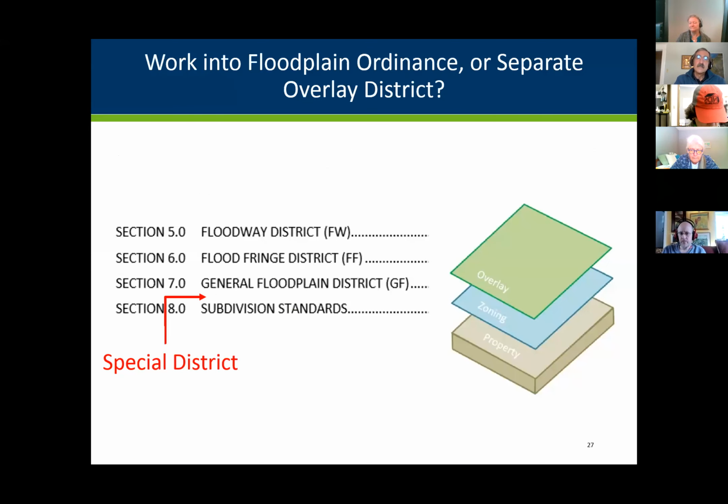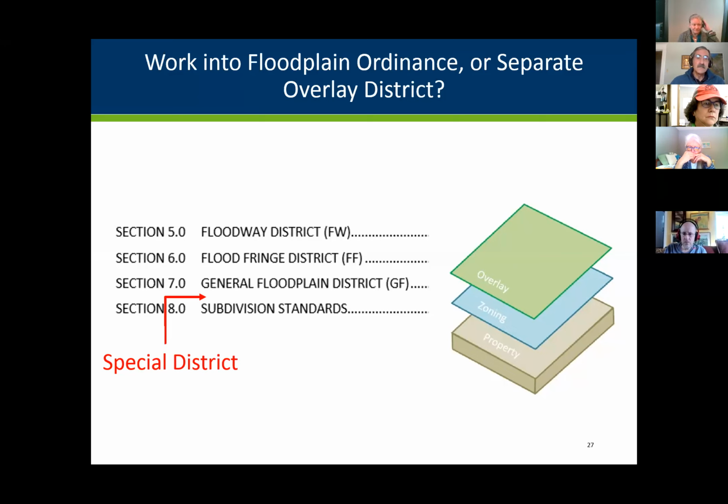But the types of development have changed over time. It's not just small cabins anymore. Also, a lot of these standards don't necessarily work in a traditional floodplain ordinance. And for your average floodplain administrator, it's important to recognize when it's appropriate to insert a provision into your floodplain ordinance versus when it's appropriate to just insert it into a separate overlay district.